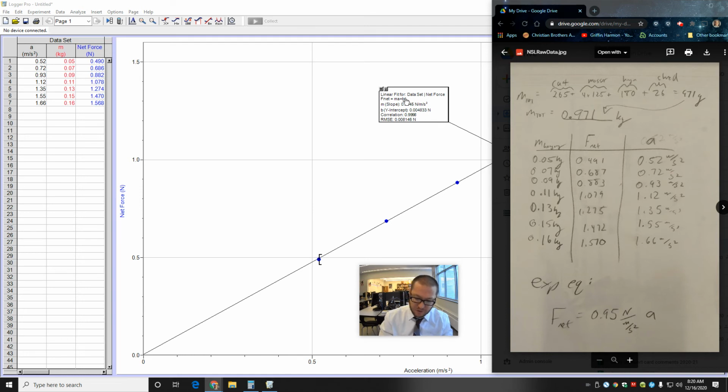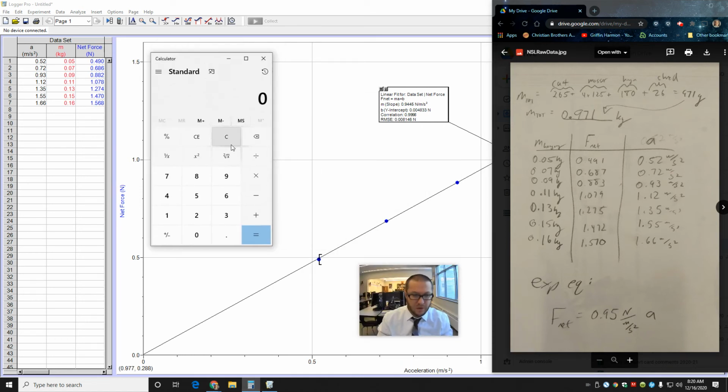So 0.97 minus 0.95 is 0.02. 0.02 out of 0.95, got a little calculator app here, ready to go. 0.02 out of 0.95 is about that, times 100, it's about 2%. It's about a 2% difference.